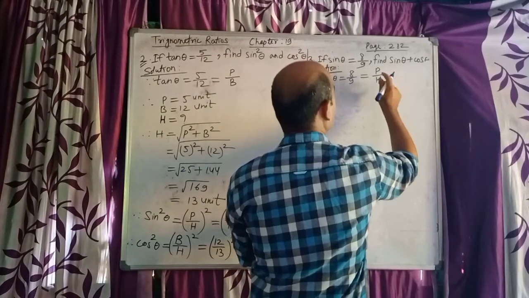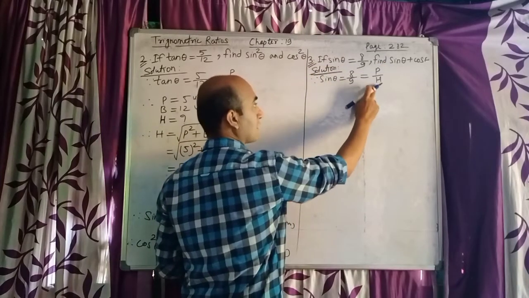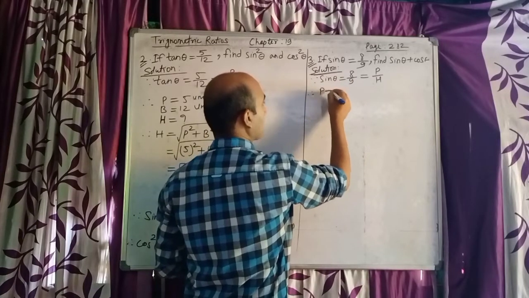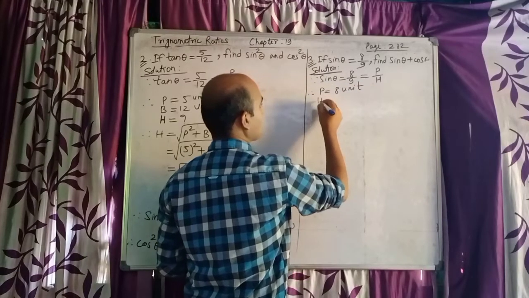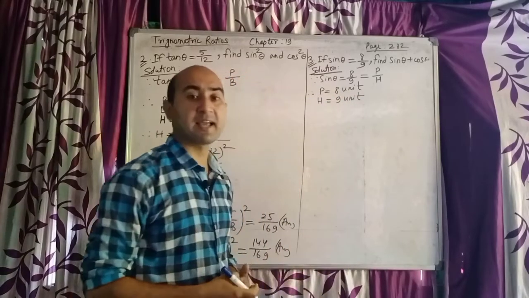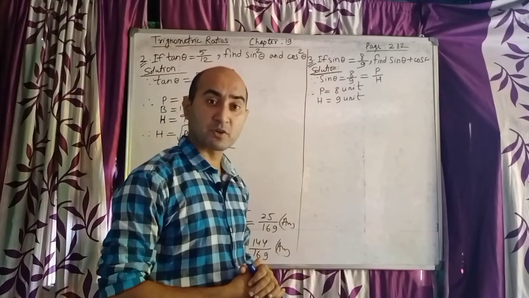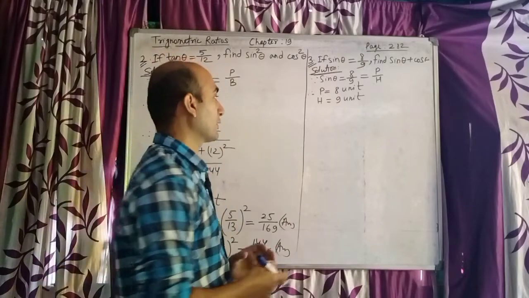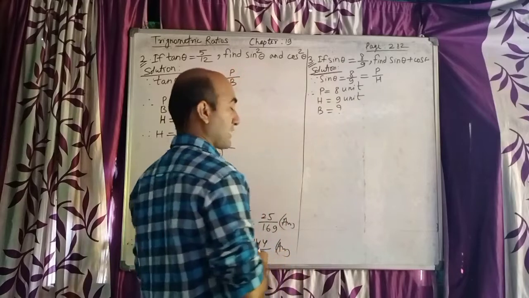That means the place of perpendicular has been taken by 8, the place of hypotenuse has been taken by 9. So perpendicular is 8 unit and hypotenuse is 9 unit. In a right angle triangle, perpendicular and hypotenuse are given, then what is not given, children? Base. Base is not given. So we have to find the base.